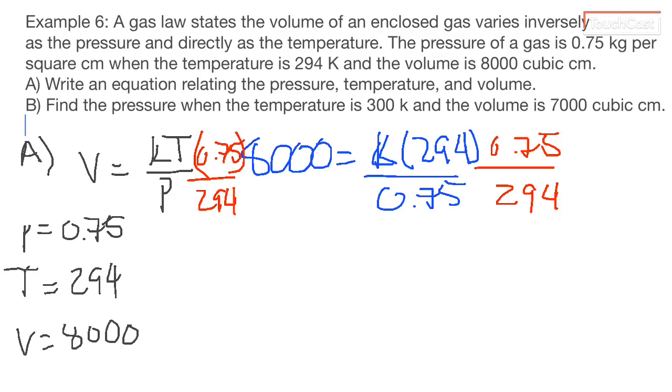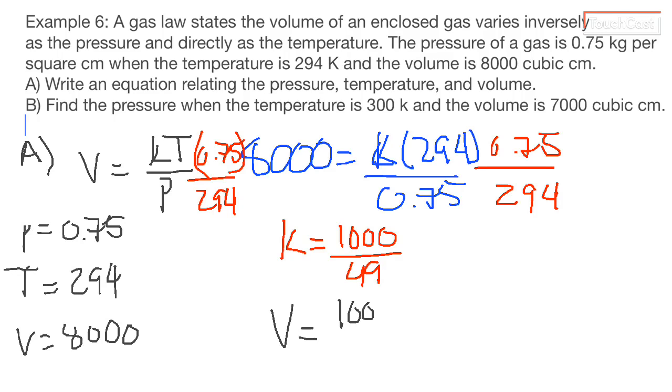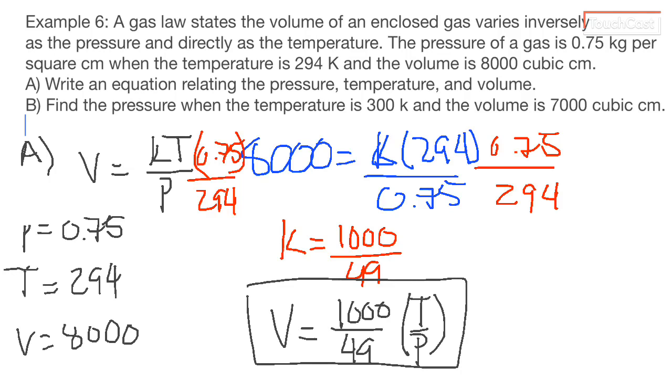If we do this, what we'll find is that K is going to be about 1,000 over 49. And I'm not going to simplify that any further. So our equation we can write as V is equal to 1,000 over 49 times T over P. So part A, we're done with. Let's move on to part B.